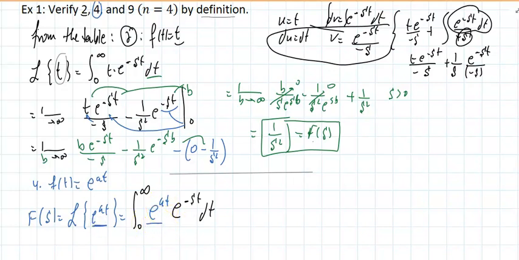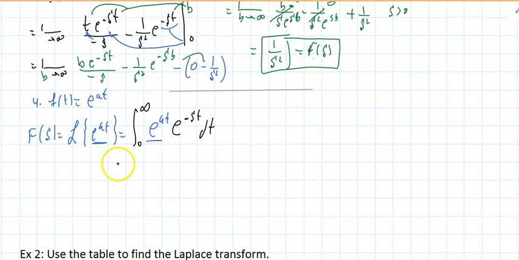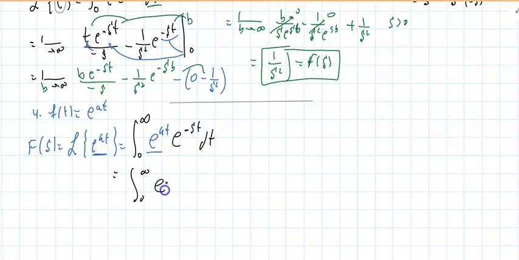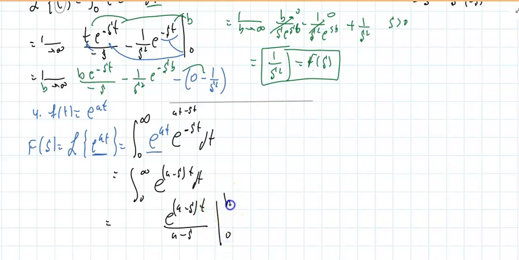Well, based on what I know about exponentials, wouldn't you say that this is the integral from 0 to infinity of e to the at minus st, so factor a t out. There we go. And that would be e to the (a minus s)t divided by a minus s, evaluated from 0 to b, taking the limit as b approaches infinity.